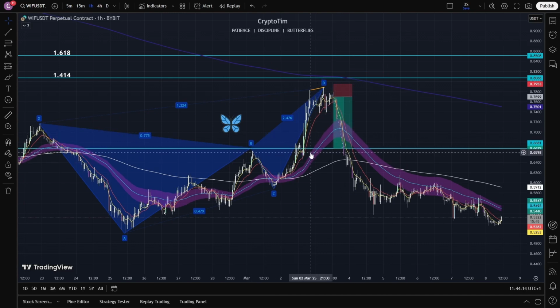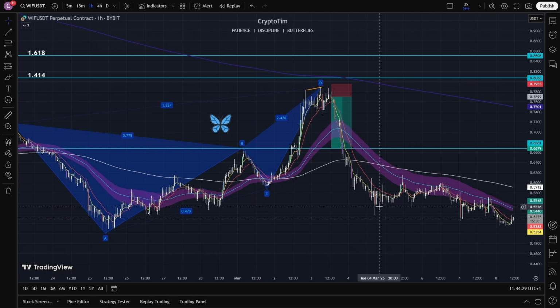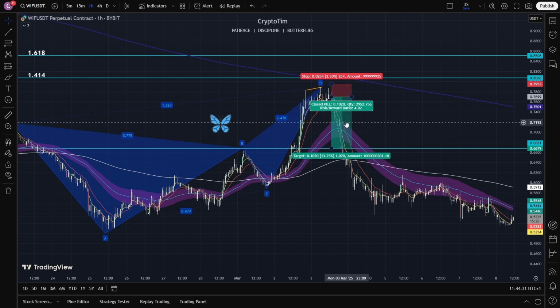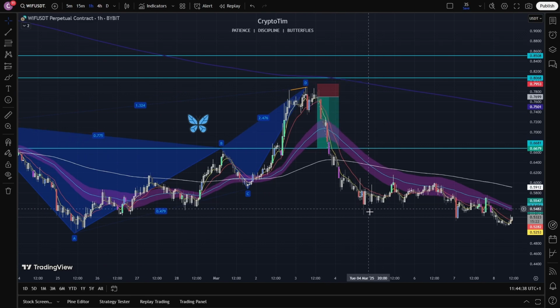We stick to our TP and we're happy with it. It made a lot of sense to have your TP here on the B point, on the vector candle, on the fair value gap. This is just Bitcoin doing its thing. We're in a very noise-driven market, so it's hard to predict what it's going to do, but always stick to your TP and don't worry about what happens after it.